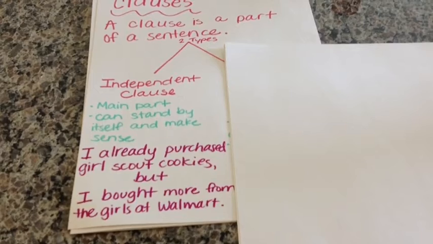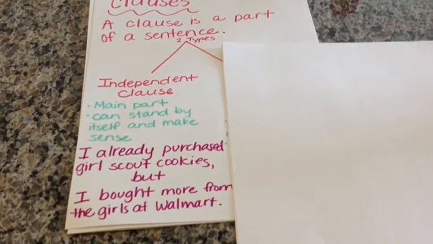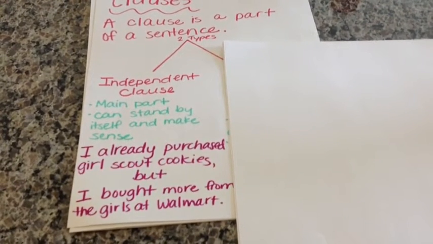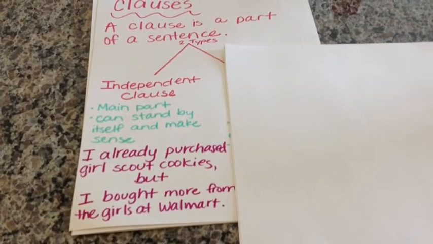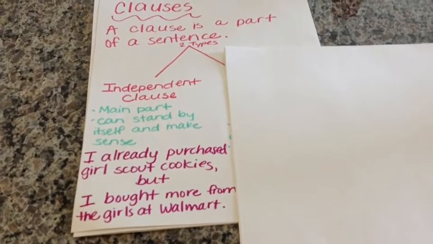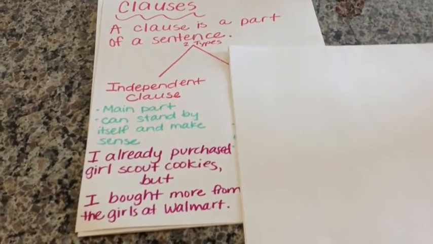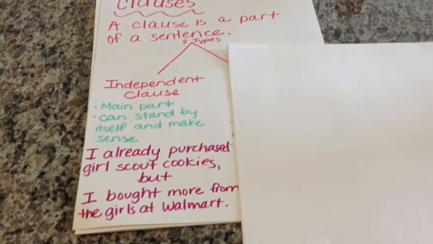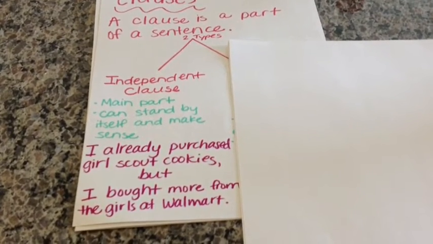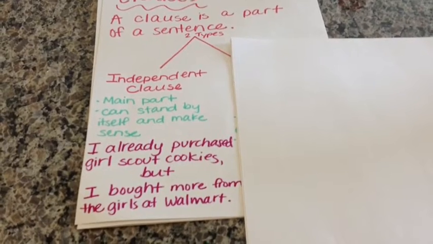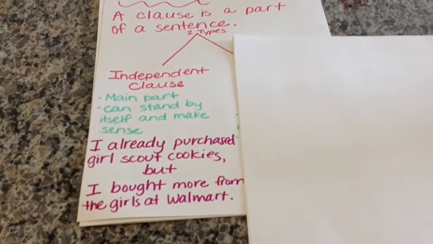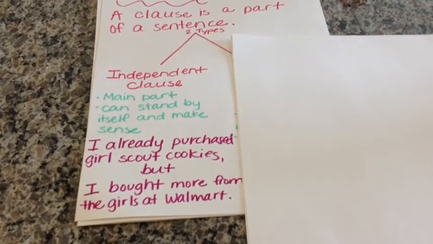You can talk through this video if I give a pause. So, can you find one independent clause in here? Hopefully you said out loud, I already purchased Girl Scout cookies. That is a clause that could stand alone by itself and make sense.